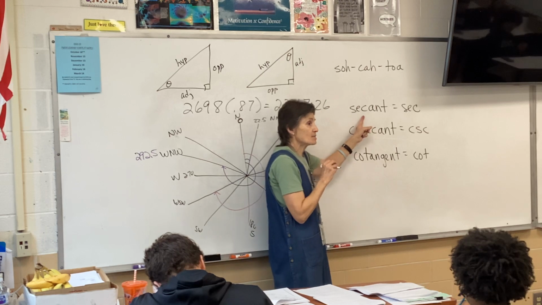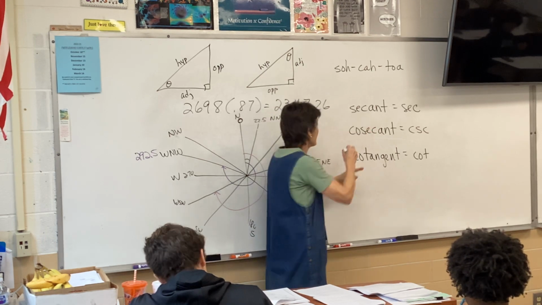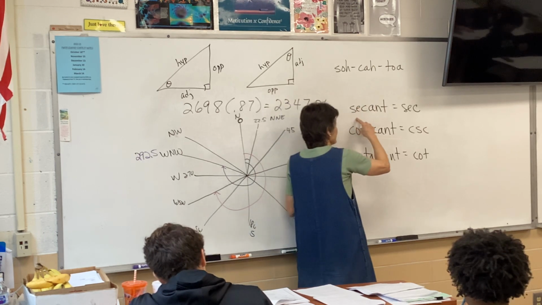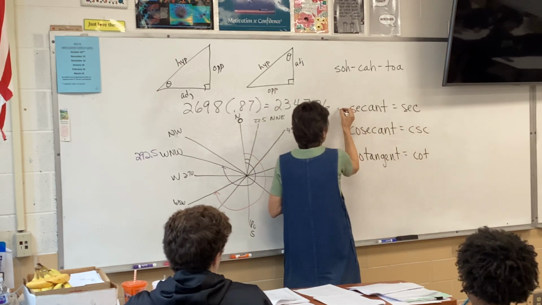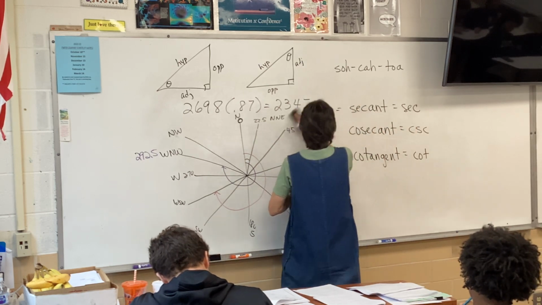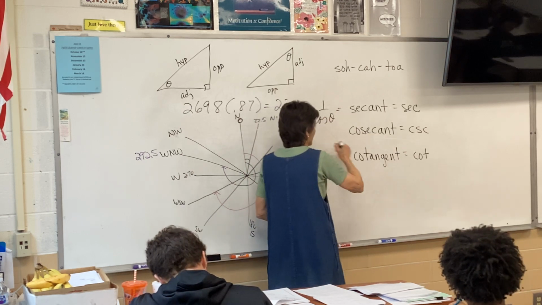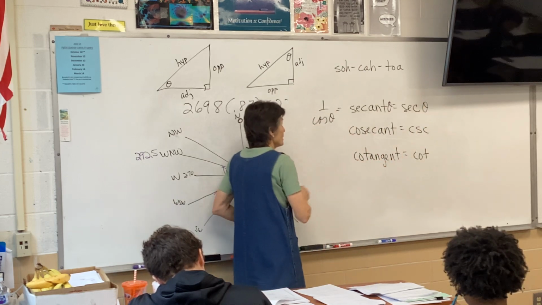Secant is the reciprocal of the cosine. These are called the reciprocals. So secant equals 1 over cosine. So secant theta equals 1 over cosine theta.